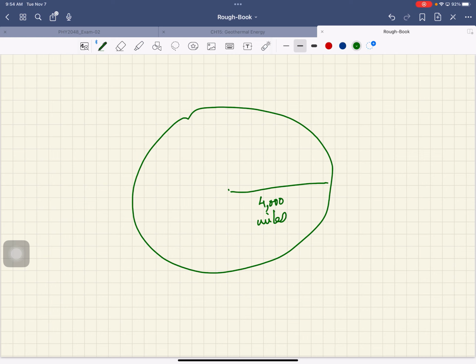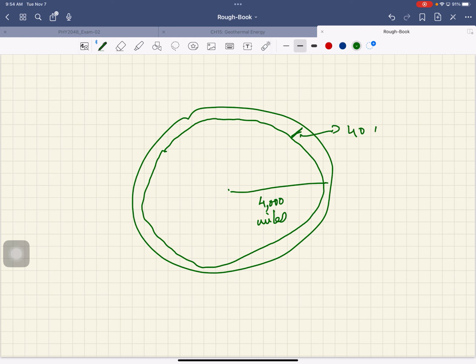I'll never forgive her. All right, so this is the plate boundary. This is about 40 miles. I'm giving you rough numbers. So 40 miles, that's 1%. Think of an apple and its skin.